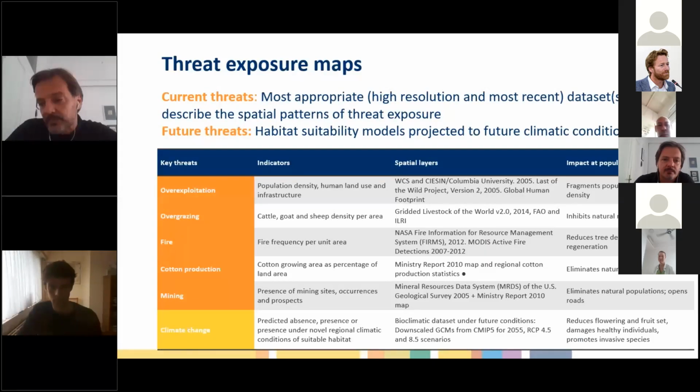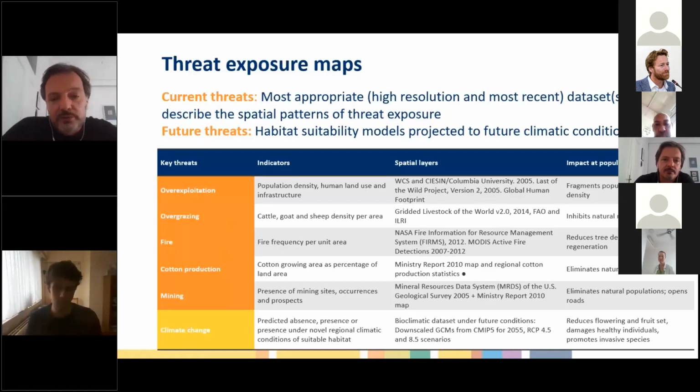There might be slight changes, but in principle, it's more or less the same as here: different forms of overexploitation, overgrazing, fire, cotton production, or maybe in a broader sense, conversion to agriculture. And in the case of Burkina Faso, mining and climate change.